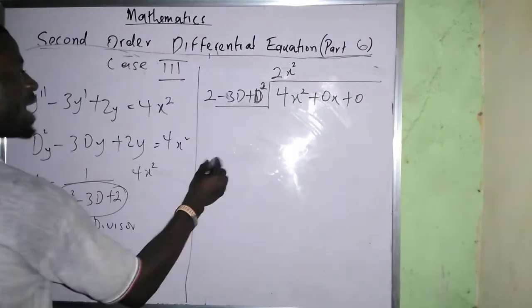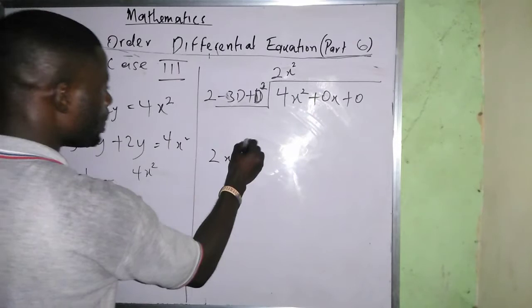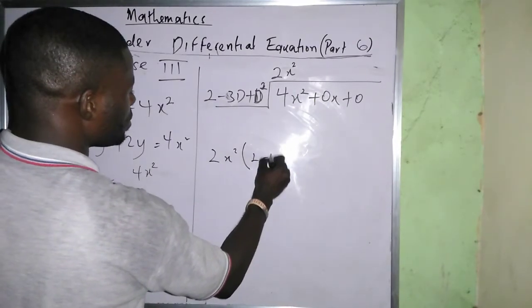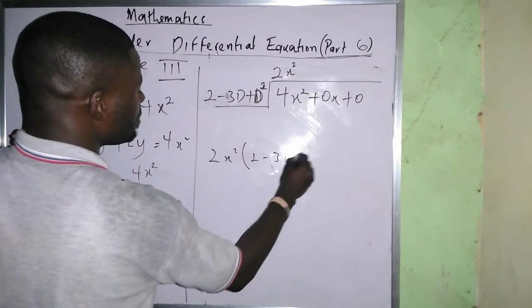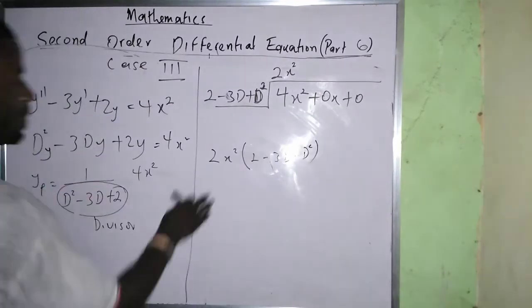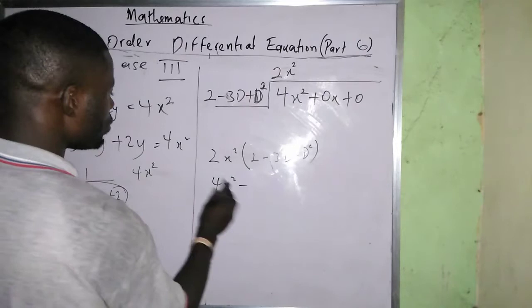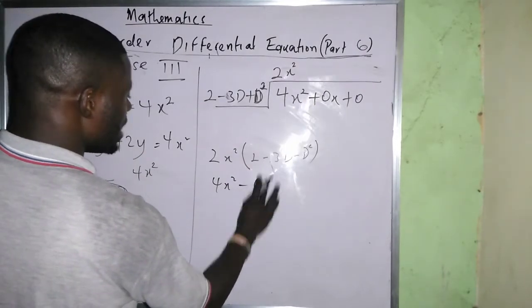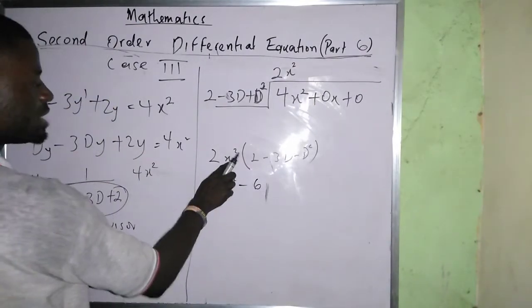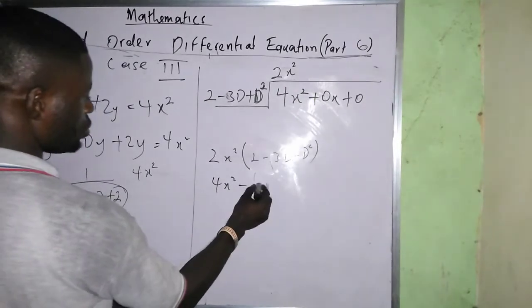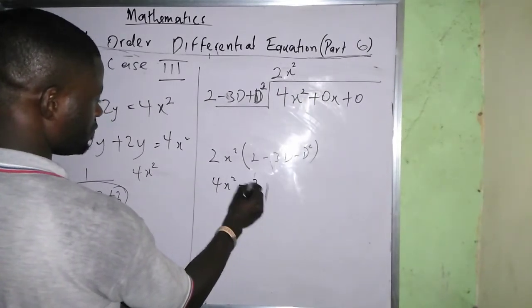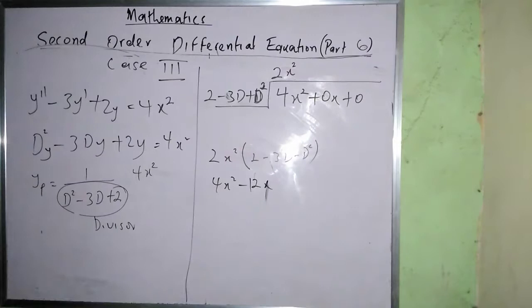I will now use my 2x squared to multiply everything that is here: 2 minus 3D plus D squared. Now, this is going to be 4x squared minus 6. Differentiate this 2 times, which is going to be 12.